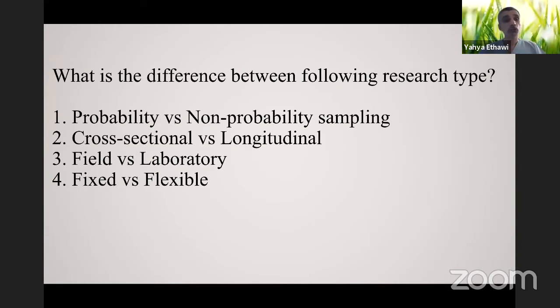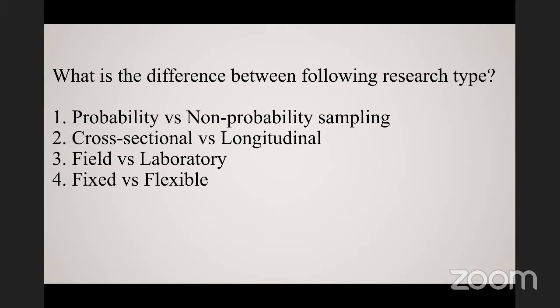Okay? So now what is the type of the research? Probability versus non-probability, which we talked about a little bit in the last session. Cross-sectional versus longitudinal study. Field versus laboratory study. Fixed versus flexible study? Any idea? Anyone want to answer?